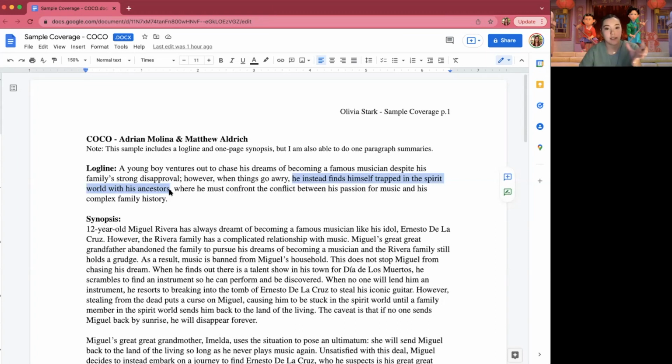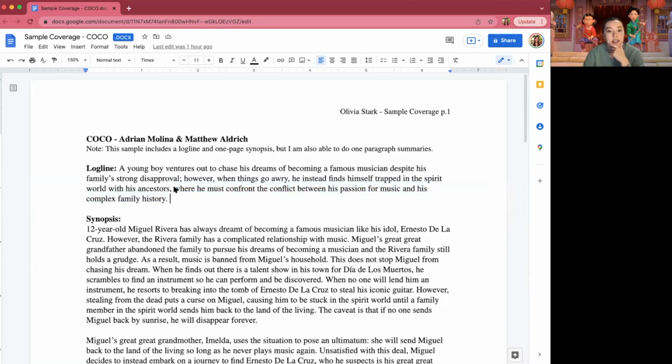And this also is where I establish the main location that the whole film takes place in, the spirit world. And then the conflict in Act 2 and 3 is that he has to confront the conflict between his passion for music and his family history.